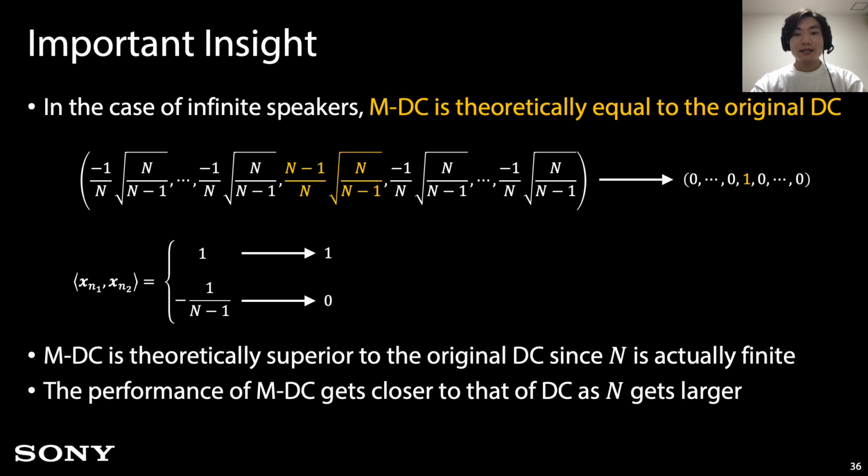Conversely, we can say that DC always uses the positional relationship of each speaker of MDC with infinite speakers. Actually, since n is a finite number, MDC is theoretically superior to the original DC. The performance of MDC theoretically gets closer to that of DC as n gets larger, which matches the previous experimental results.